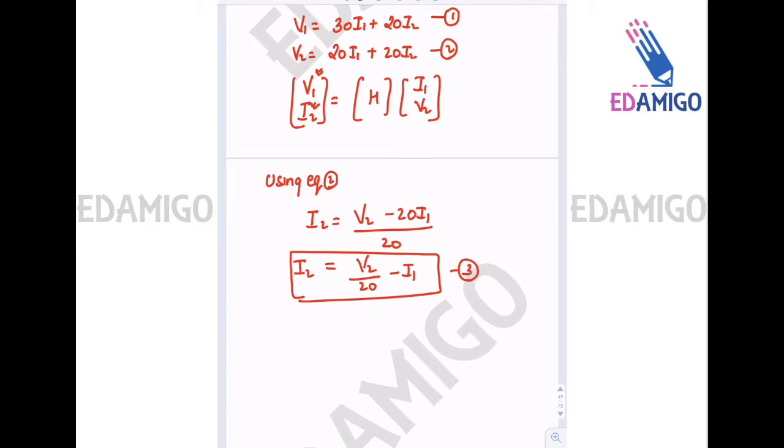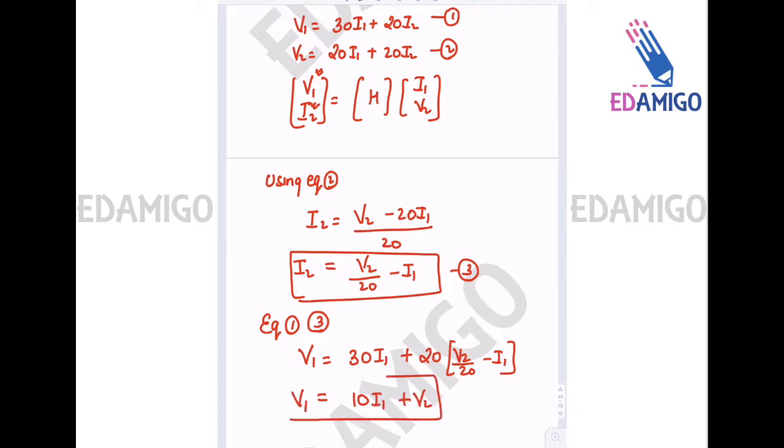Now using equation number 1 and 3, V1 is equal to 30 I1 plus 20 I2. So I will put equation number 3 in place of I2, so I will get V2 upon 20 minus I1. So that is 10 I1 plus V2 is equal to V1. So this is equation number 4.